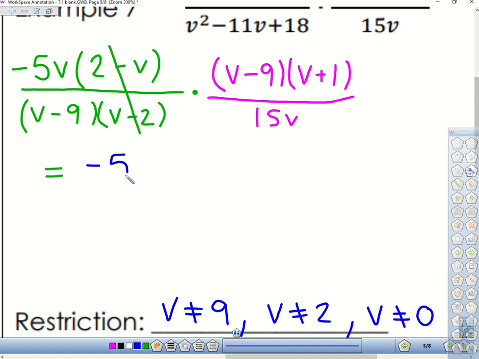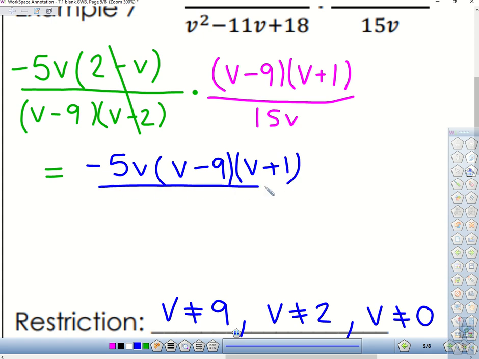So that's going to be negative 5v times v minus 9 times v plus 1 all over v minus 9 times 15v. So what can I cancel out now? V minus 9.